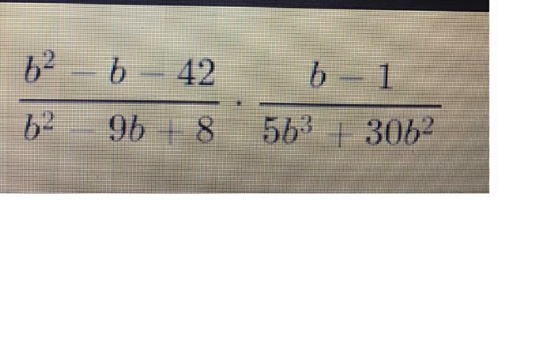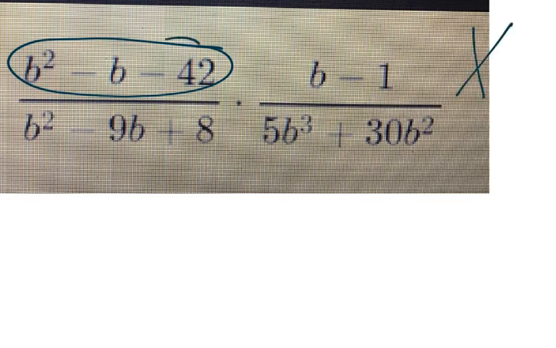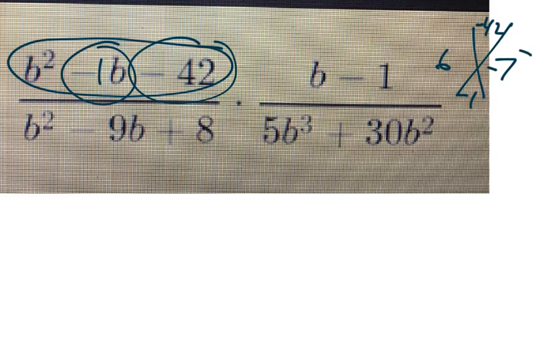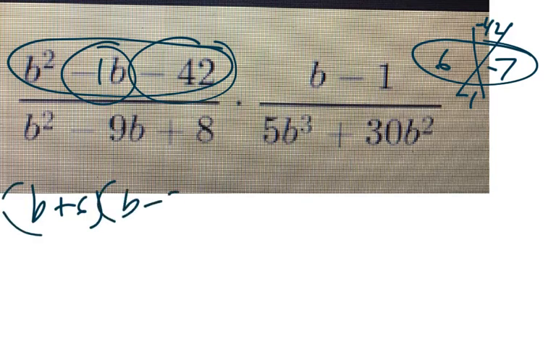Okay. This one's a times, so it's actually a little bit easier. I'm going to do the X here. I need a negative 42 with a negative 1 for my sum. 6 times 7 is 42. 6 minus 7 is negative 1. So far I have b plus 6, b minus 7.